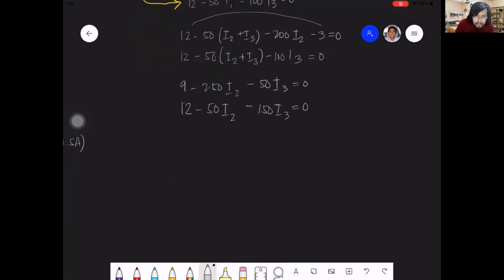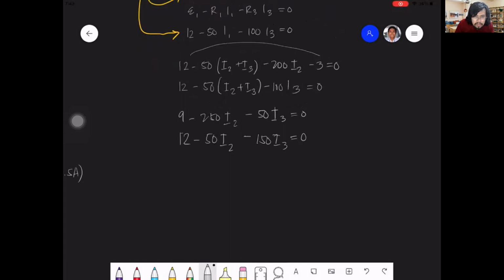So you can easily compute for the terms. But there's another simplification to this. You can multiply this by 3 so that we can easily cancel I3. Oh, no, sorry, negative 3. So 3 times 9 is 27.